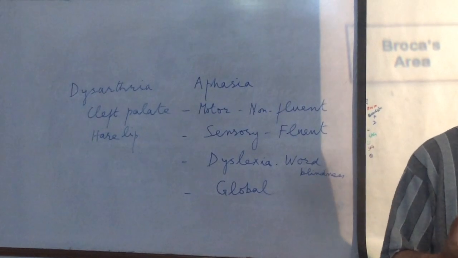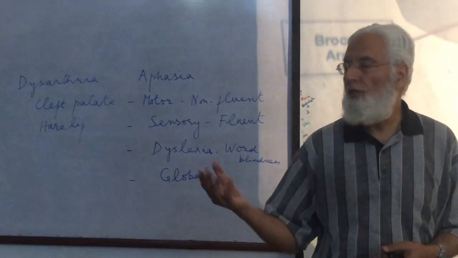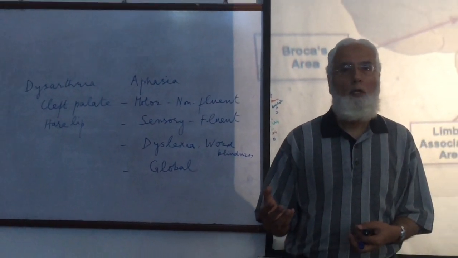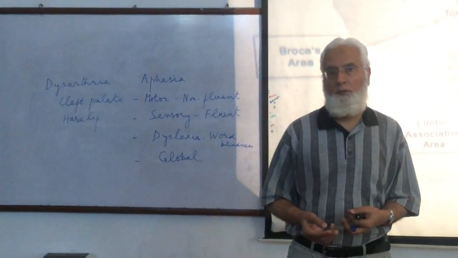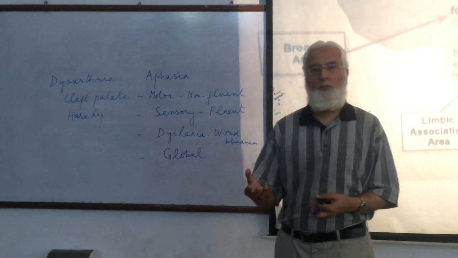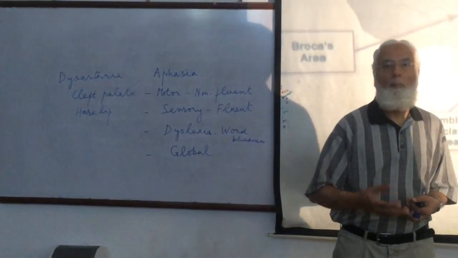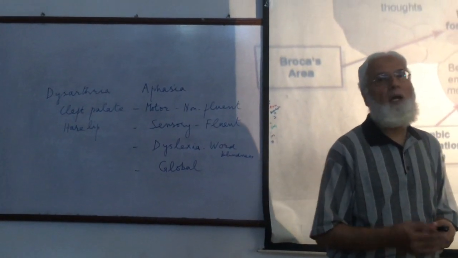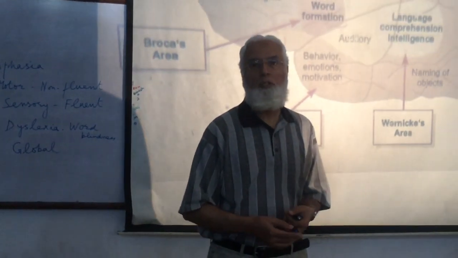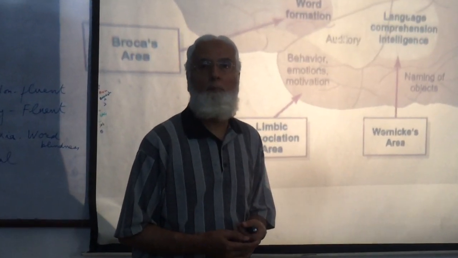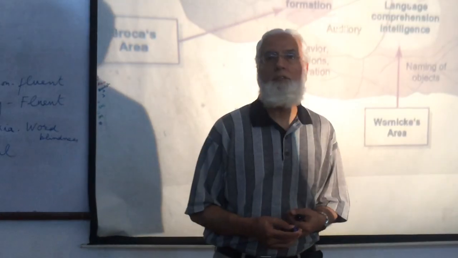Then the nervous causes of dysarthria include poliomyelitis, polyneuritis, myasthenia gravis, motor neuron disease, and cerebellar disease.